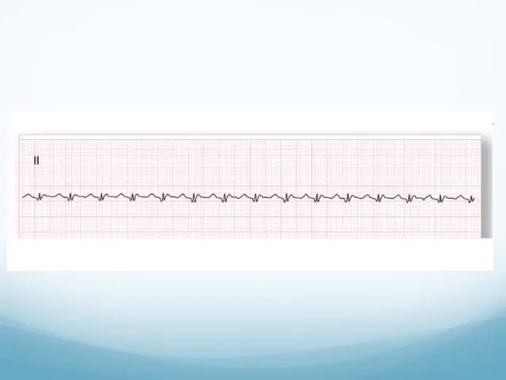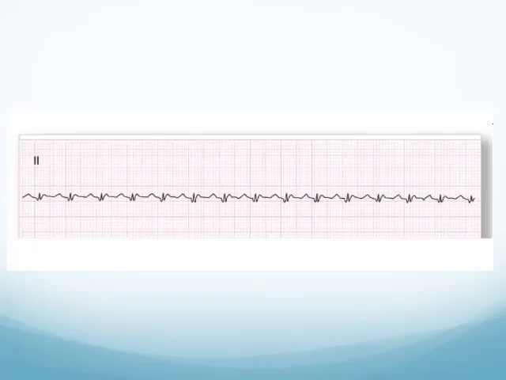This is a difficult rhythm to interpret due to the fact that the waves just before each QRS appear to be P waves. These aren't P waves. Looking at them, and sometimes it even helps if you turn the strip upside down, it kind of gives you a different perspective. But we can see that these are also flutter waves.